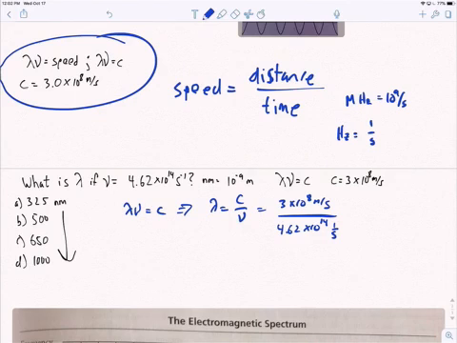So that means 1 megahertz is a million wavelengths per second. It lets you know how frequently, and a radio wave is a longer one, so it's going to have a lower frequency.